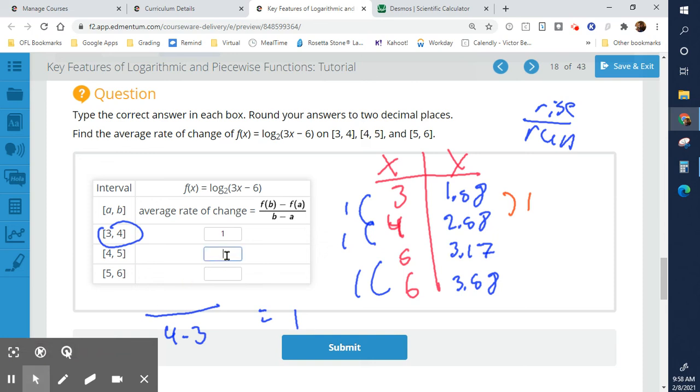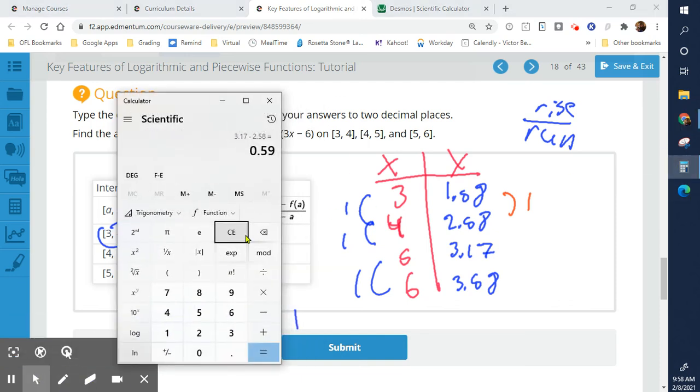So I'm going to write this 0.59, if you want to show that. And then I'm going to do 3.58, this number right here, minus 3.71.